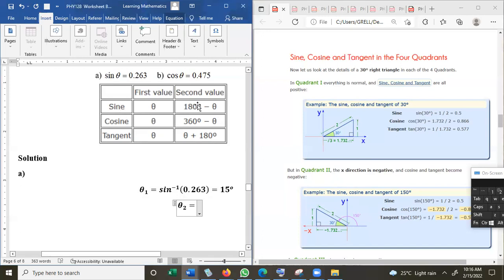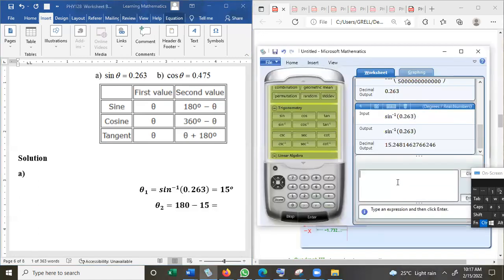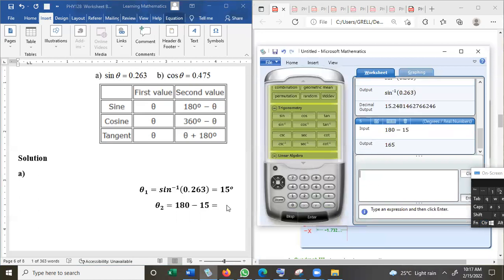So 180 subtract 15 will give us the second. It's looking like 165, but just to verify and just to demonstrate, so we're looking at 165.